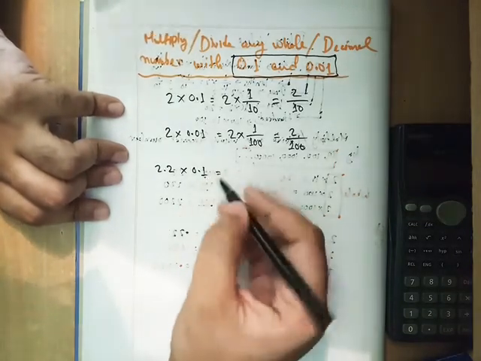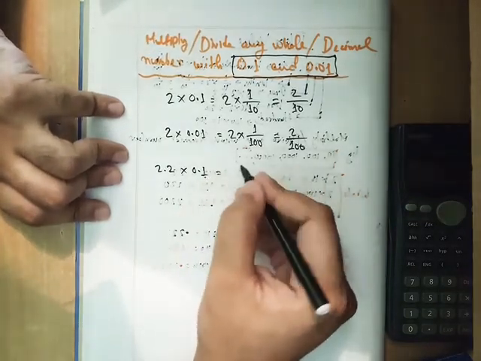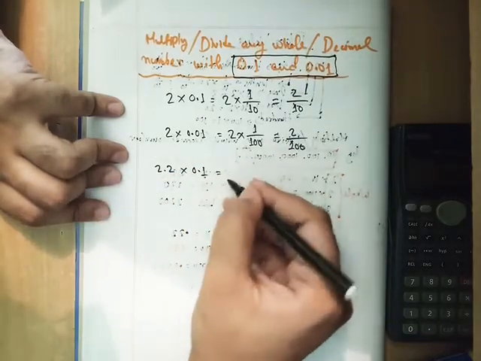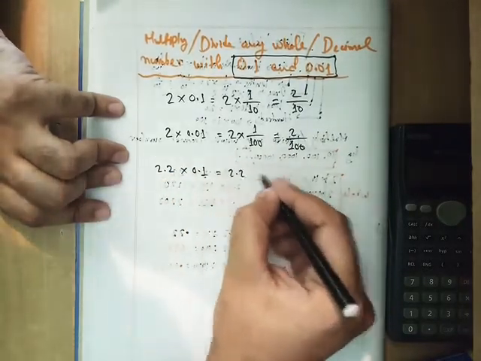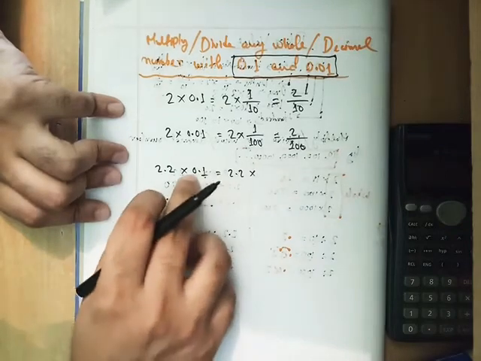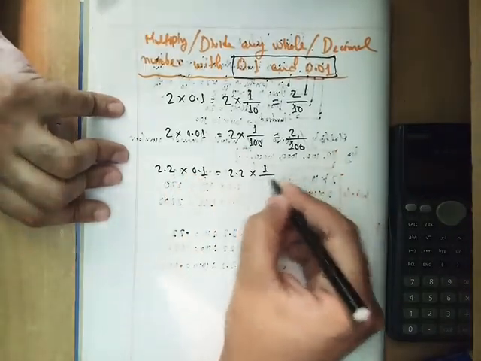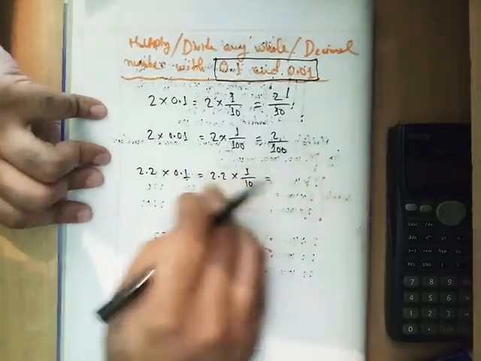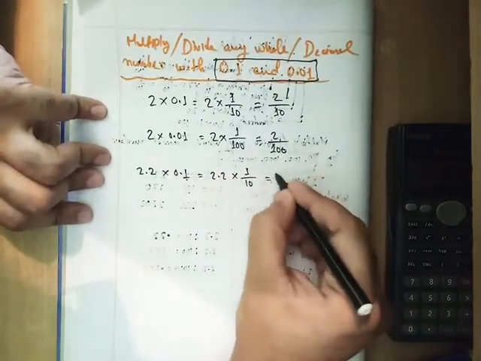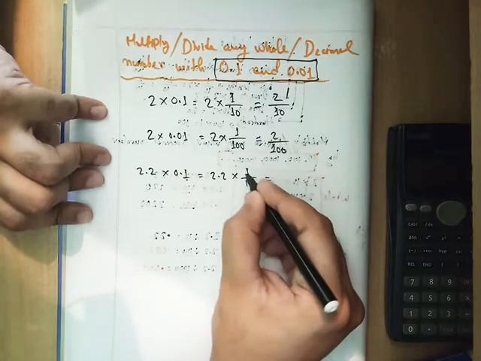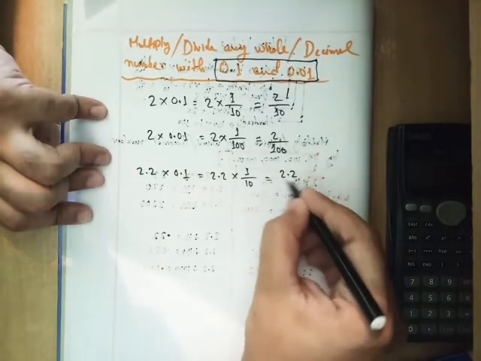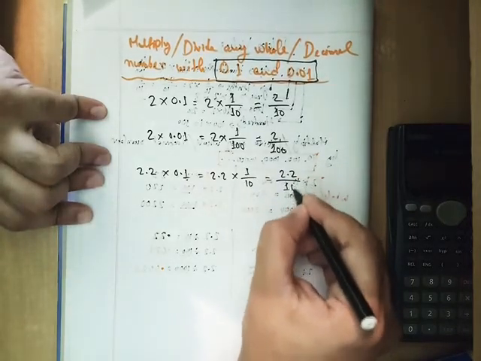So one way of doing it is, write 2.2 here and then transform this into a fraction. So 1 by 10, right? And now if I further simplify it, 2.2 multiplies with 1, so it basically is 2.2 divided by 10.